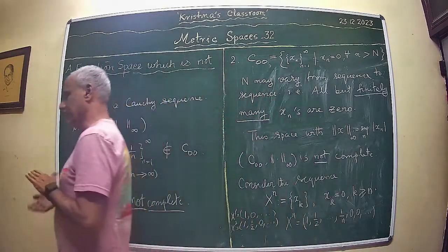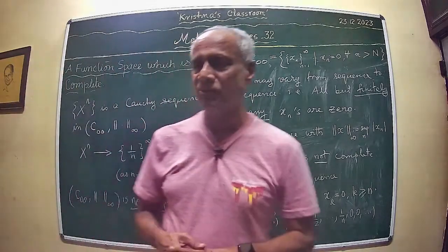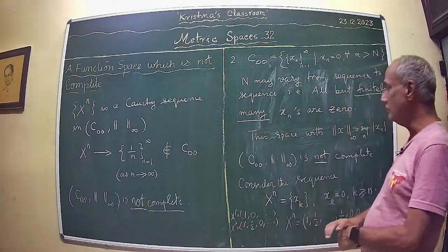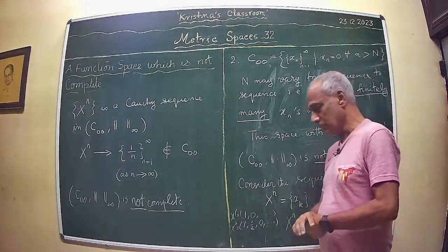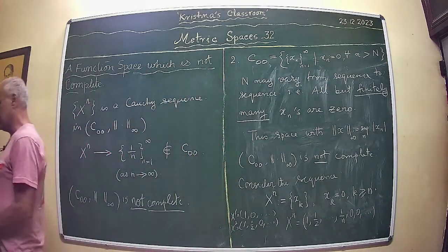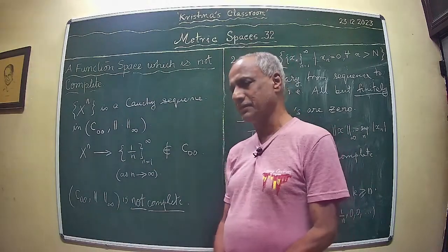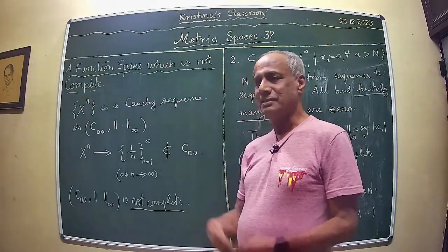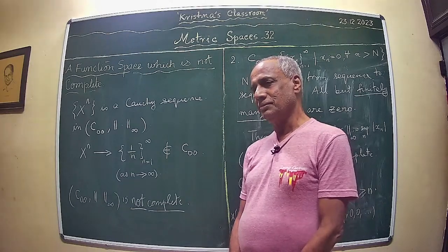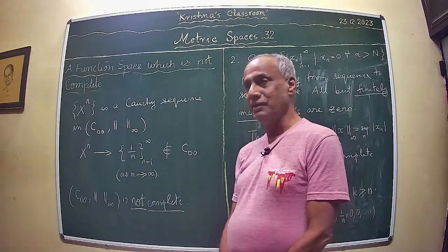In fact, we prove that in some sense there is a unique completion of each metric space. So given a metric space, there exists a unique completion of that space. That's the big theorem that we are going to prove.